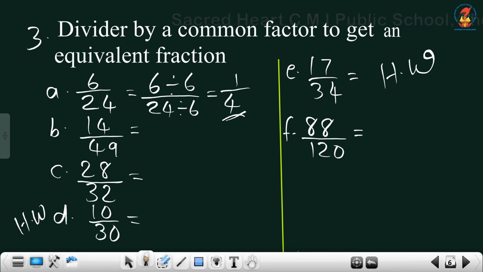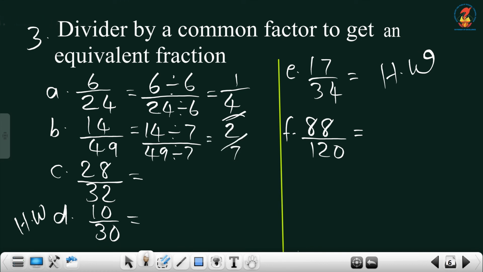Is it clear children? Then next one, 14 by 49. Which is the common factor for dividing 14 and 49? Is it 7? You should learn the multiplication table, otherwise you can't do anything. 14 divided by 7, 49 divided by 7. Answer is what? 2 by 7. Okay.